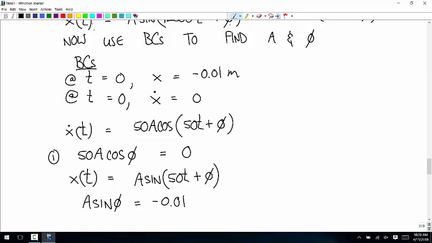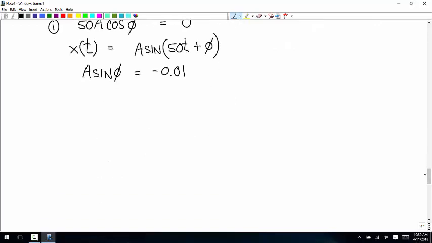And there are multiple solutions of this. We don't want that a to be equal to 0, because that would just give us 0 for the solution.